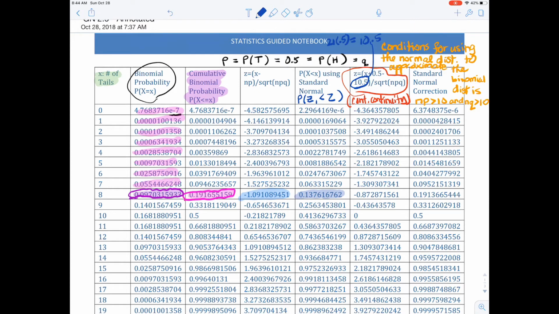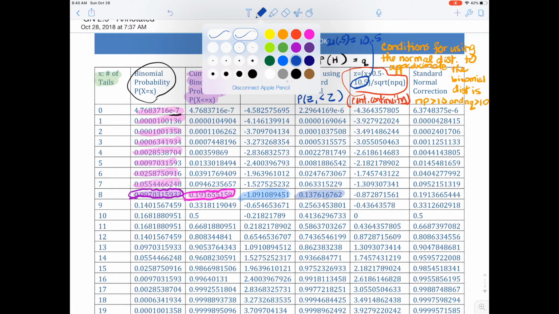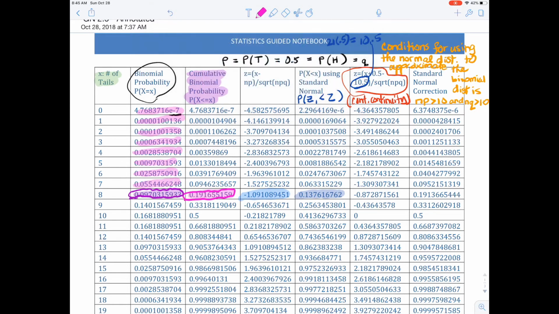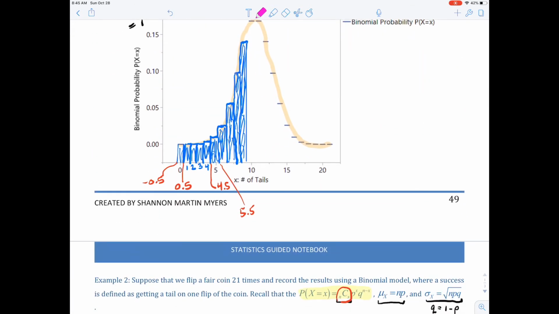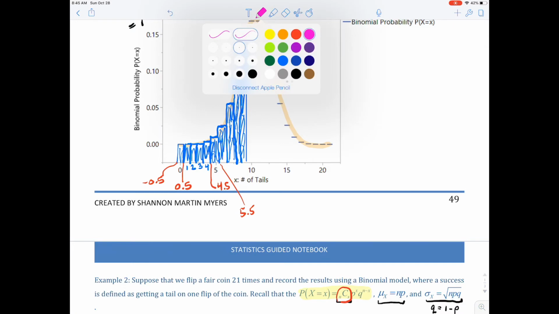Remember, way back when, we were interested in the probability that x was less than or equal to 8. That is where we found the 0.1917 approximately. Well, check it out. Now that we did our continuity correction, 8's going to be included. So let's figure out where 8 went.